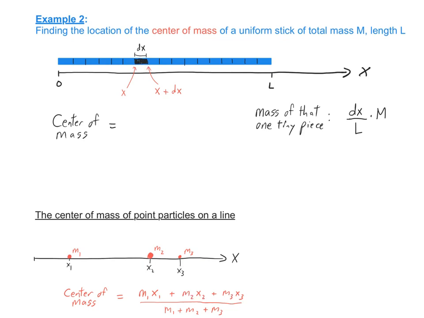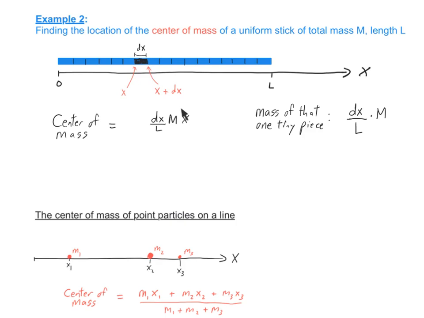I'm going to take its mass, which is this quantity, dx over L times M. That's the mass of one little piece, and then I have to take the mass of a given piece and multiply it by its horizontal position. Well, this little piece that we were considering is located at position x. So I take the mass and I multiply it by x.